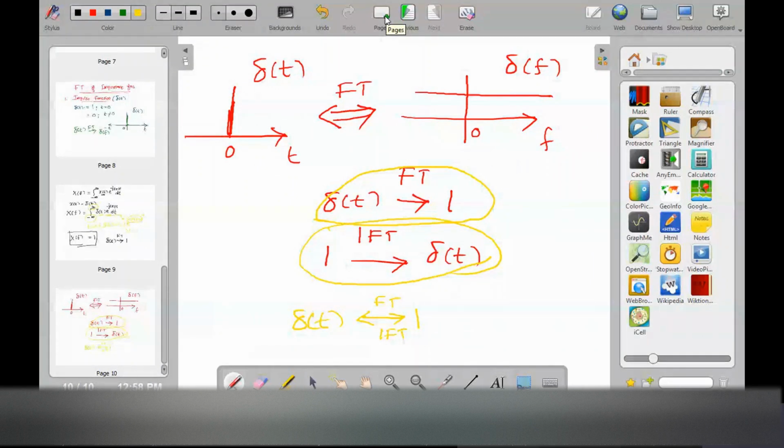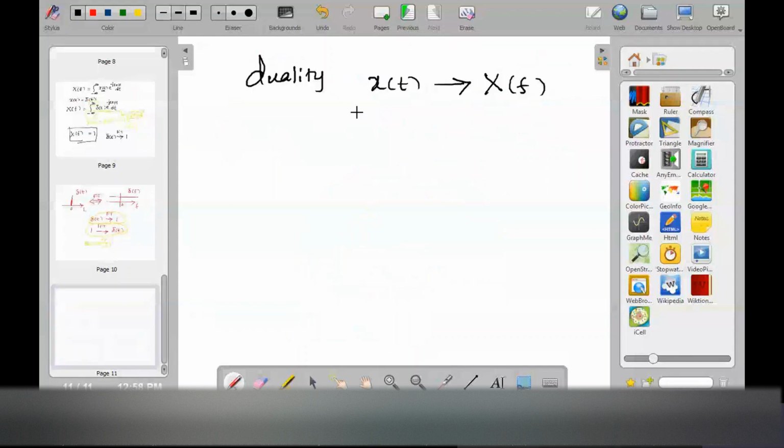Wait a second. Okay. Now I have a property called the duality property. What does the duality property tell? If x of t has Fourier transform x of f, then if I have capital X of t, its Fourier transform is small x of minus f.